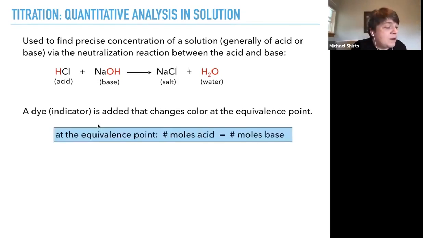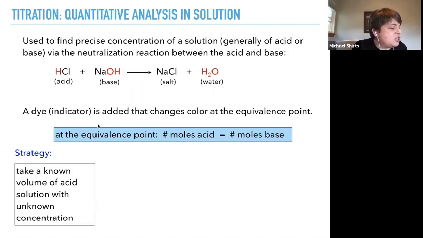So at the equivalence point, the number of moles of acid is equivalent to the number of moles of base, if it's a simple monoprotic acid reaction like this one is. So the strategy: you take a known volume of acid solution with an unknown concentration. You're doing analysis here. You're trying to figure out the concentration of that acid. It's easy to measure the volume, but the concentration, that's harder.